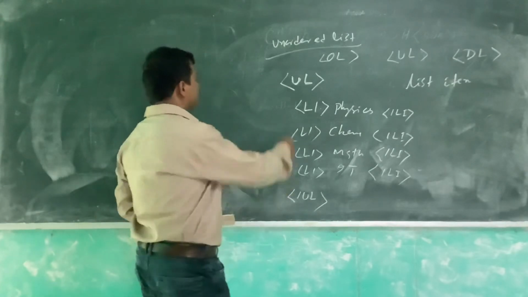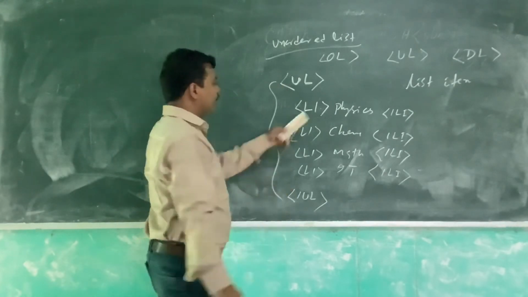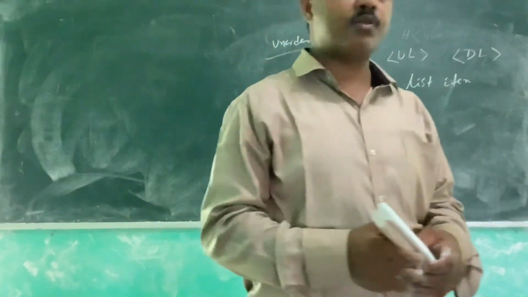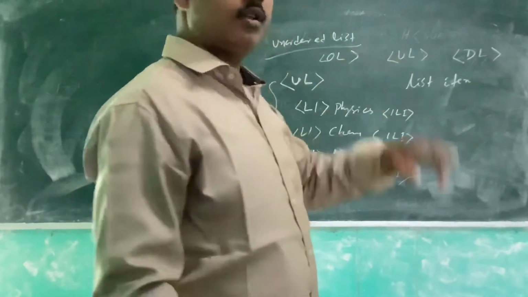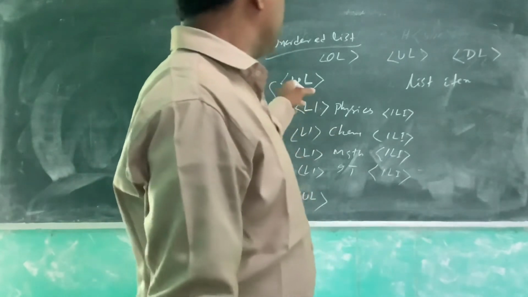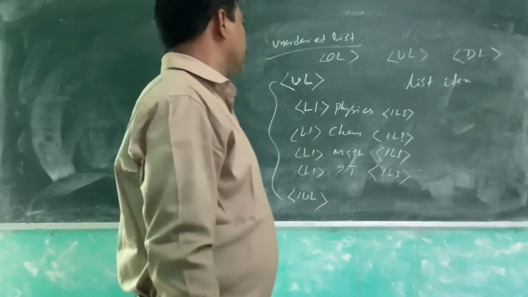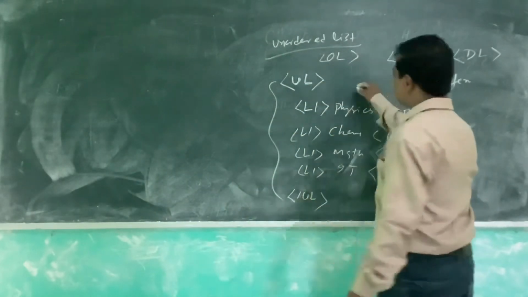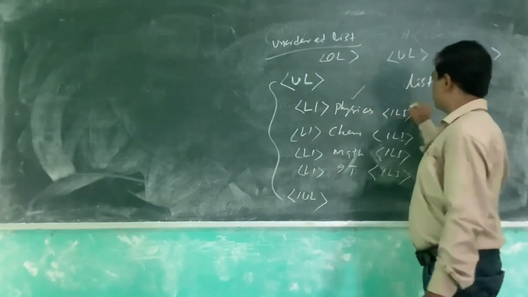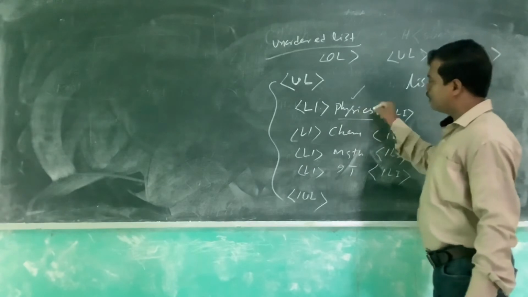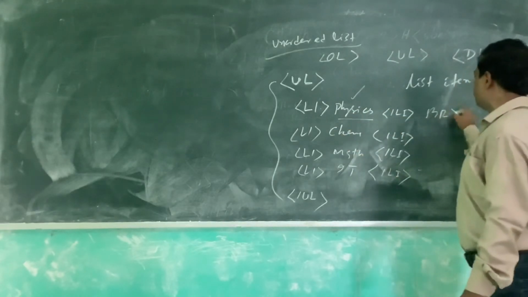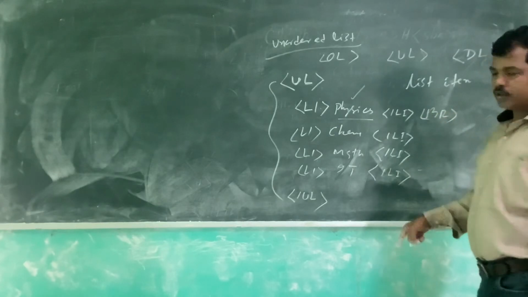So this is also a paired tag, and you have to type all the items in between UL and slash UL, and the list items must be written in this manner. That means LI slash LI, one item, then again. Here remember, there is no need to give the break tag.